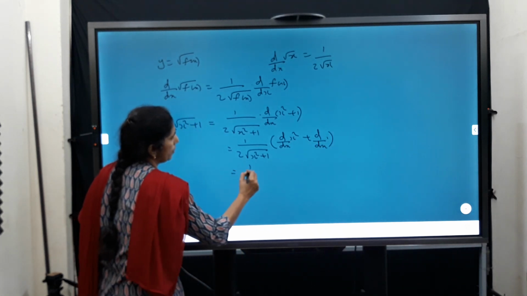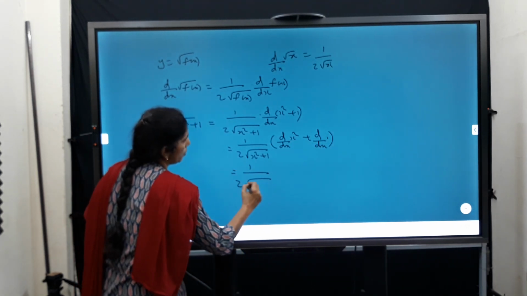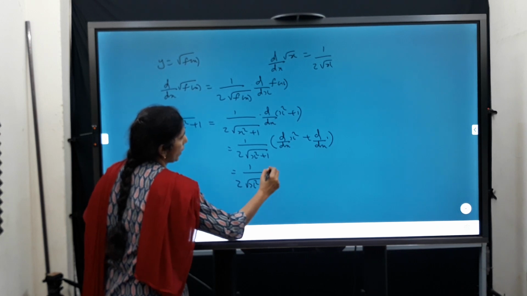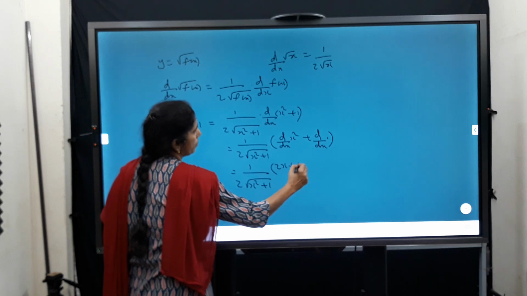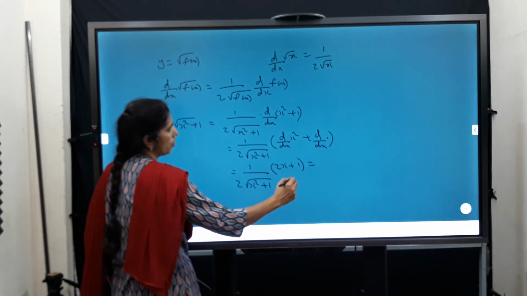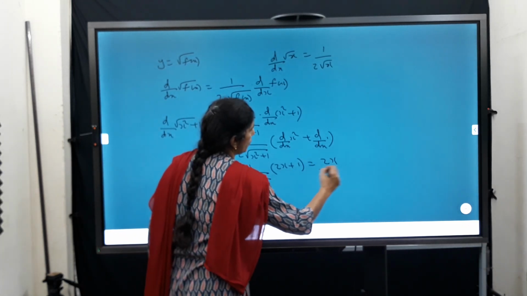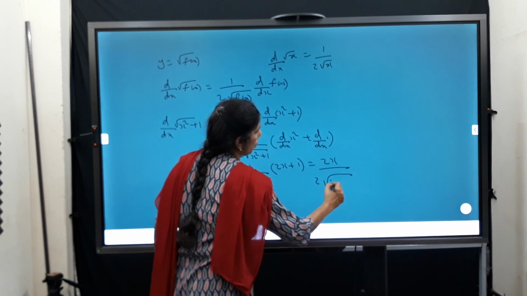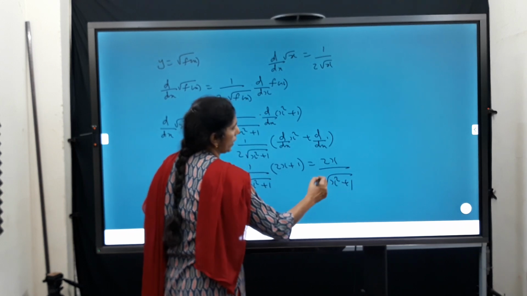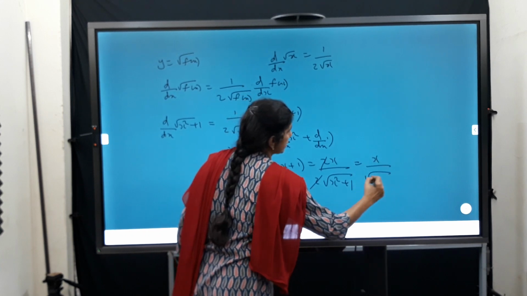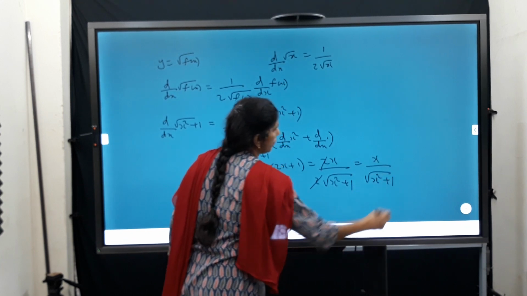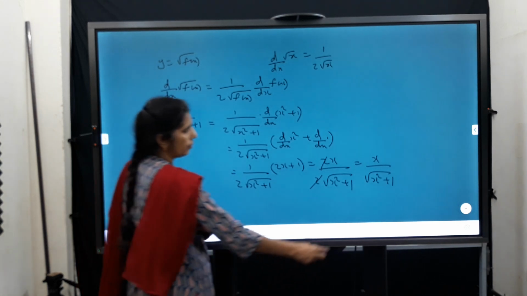That is equal to 1 upon 2 root of (x square plus 1) into 2x, since d by dx of x square is 2x and d by dx of 1 is 0. So it is 2x upon 2 root of (x square plus 1). 2 and 2 cancel. The answer is x upon root of (x square plus 1).